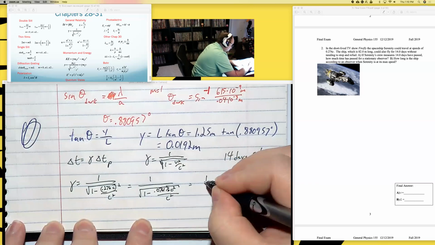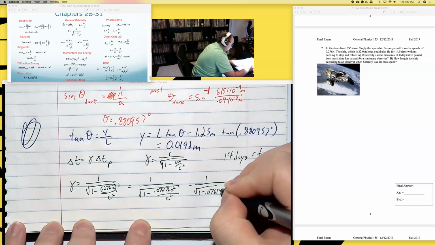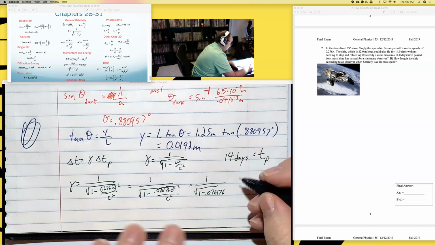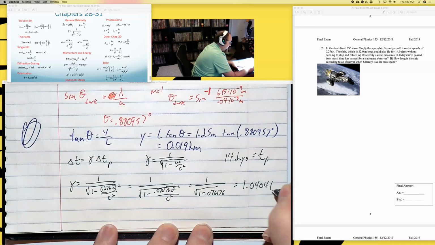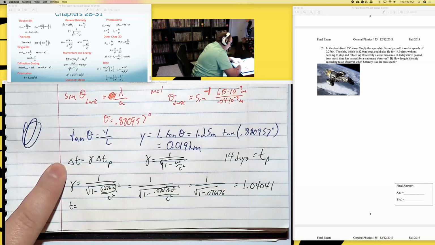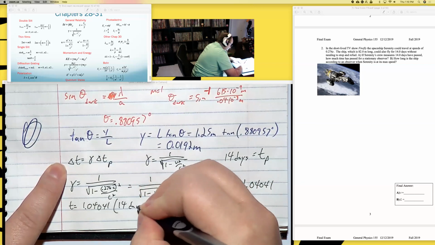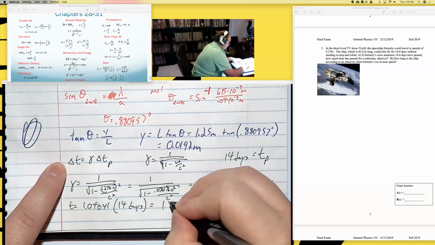It's going to be 1 over the square root of 1 minus 0.076176, which I'm just going to do all in one step. That ends up being 1.04041. That's my gamma. So T is just gamma times proper time, and you get 14.6 days.